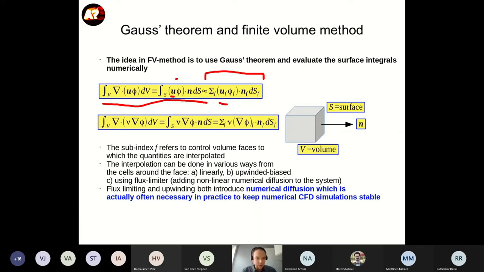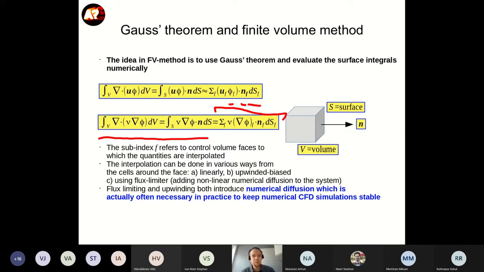This quantity over here is an interpolant of the quantity on the faces. You have a face normal vector and the face area, which is a discrete quantity, for example, delta x times delta y to get a certain area. And the same story holds for the other terms. So you have the analytical side, that's mathematics, and then this part, which is numerics.